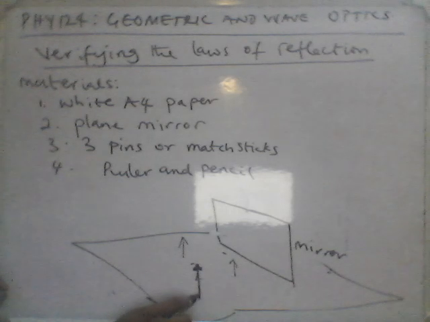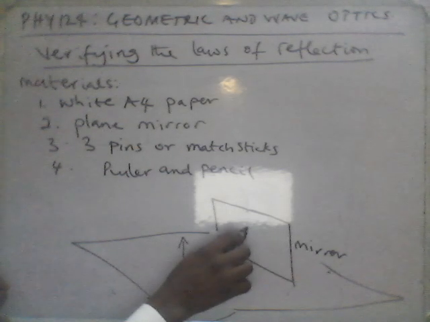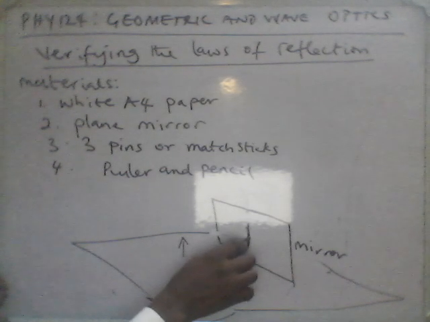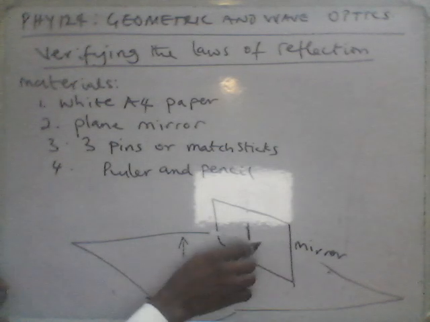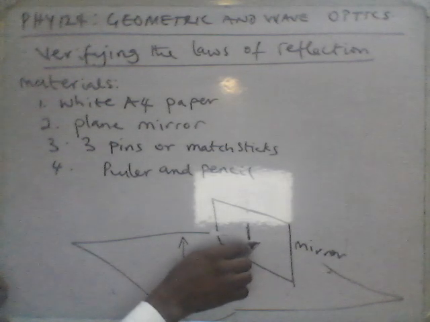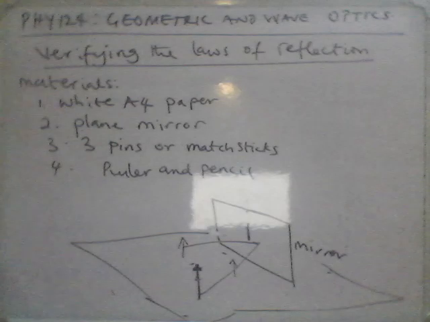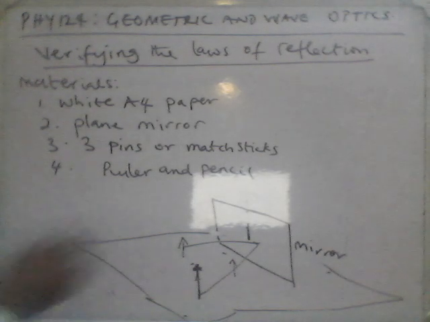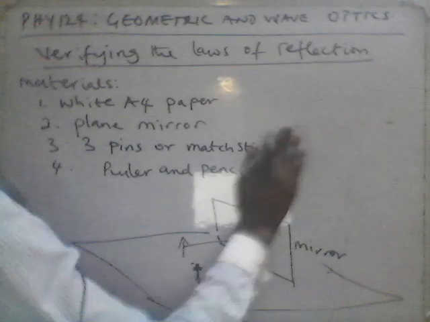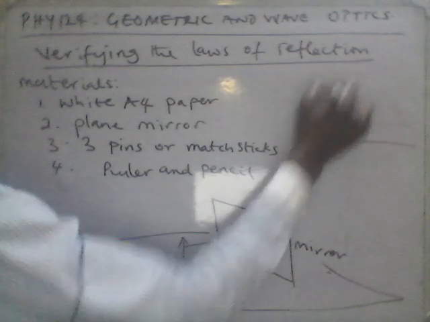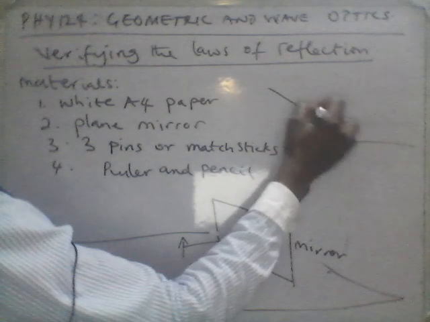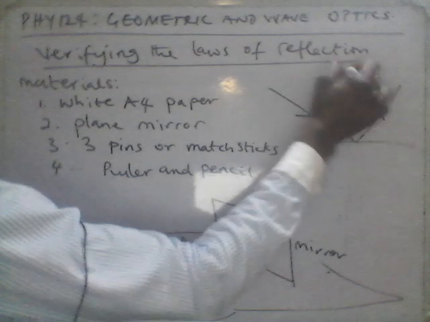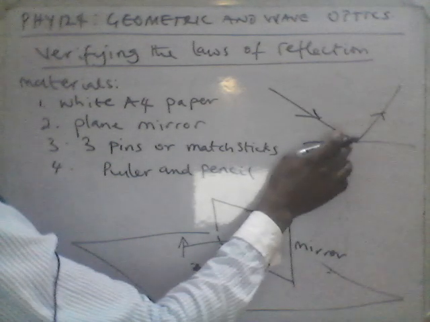So actually, the image that you are seeing on the mirror, this follows it, and this one goes out. What we're trying to do is discover whether that thing we said about the angle of incidence and angle of reflection, and the normal, all lie on the same point at the point of incidence.